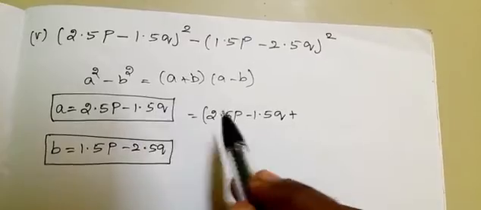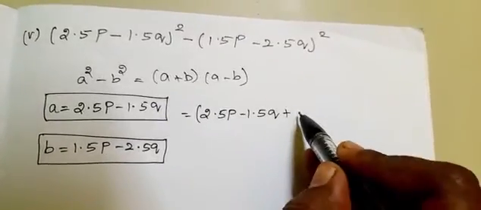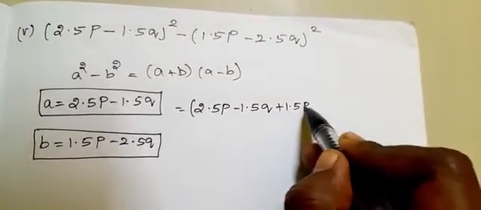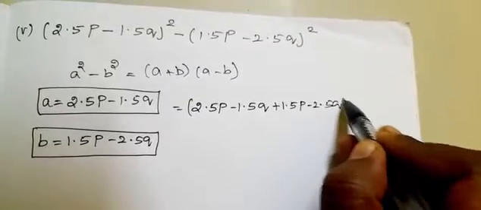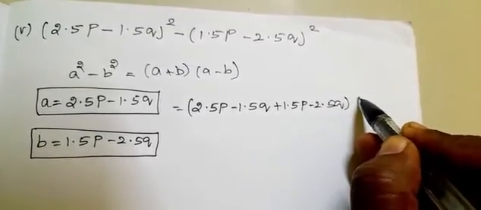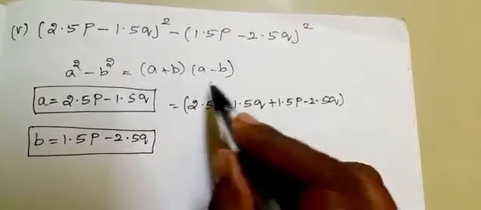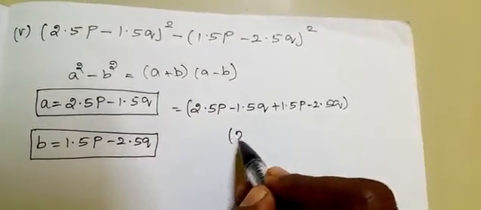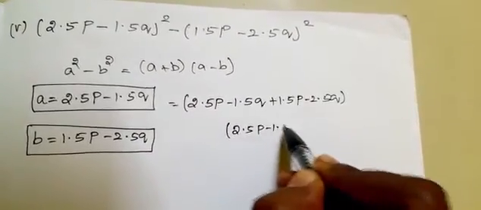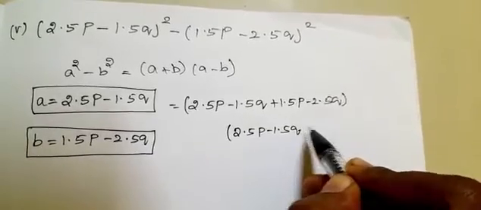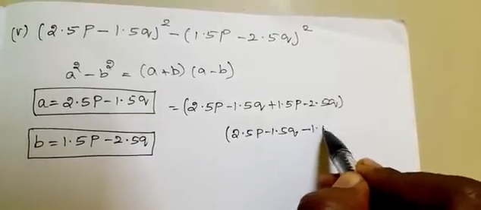So now I have substituted the a value plus the b value, and again in another bracket, the a value minus the b value.